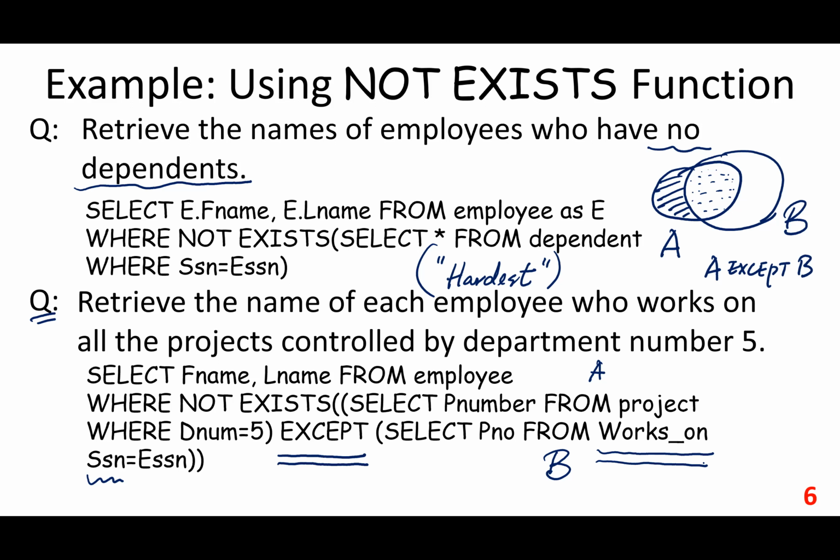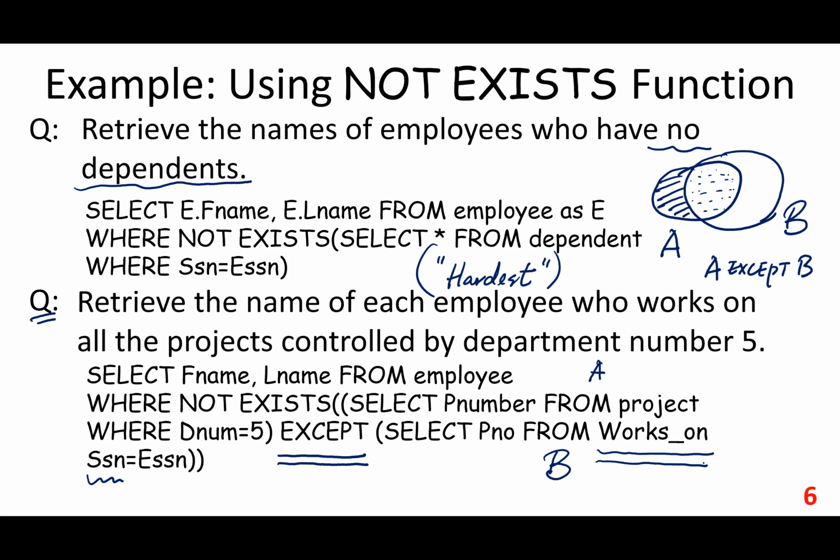Now, A except B: all the projects controlled by Department 5, then we remove those that belong to this particular employee. The result is empty. Not exists means empty, right?